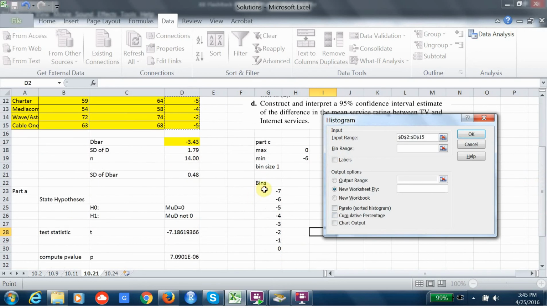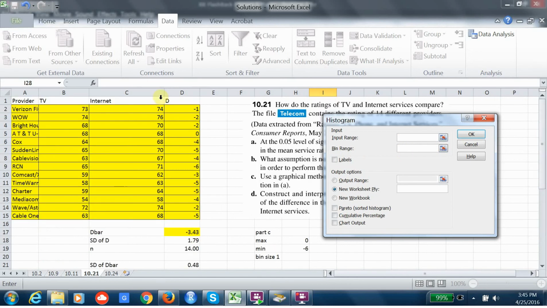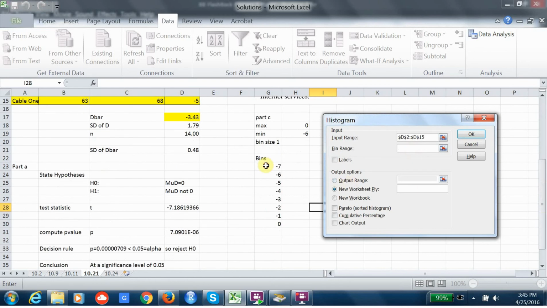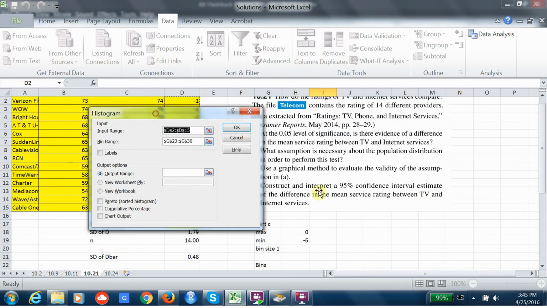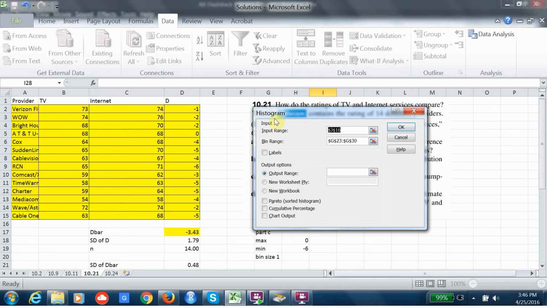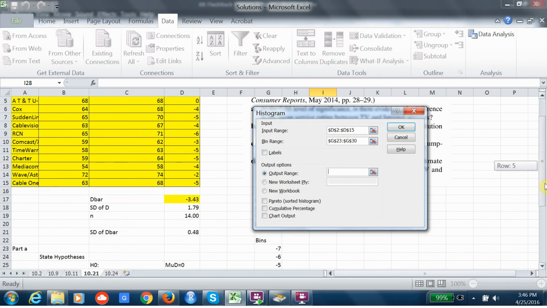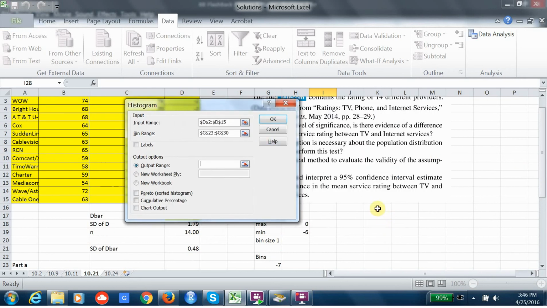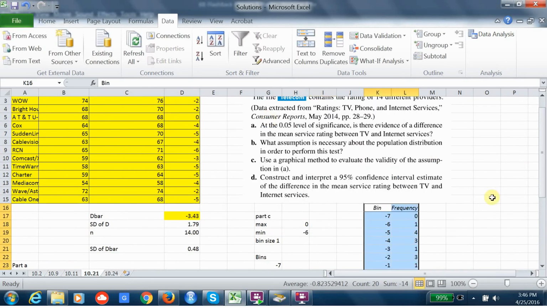Then the bin range is here. Me and technology today, we're just not getting along. Okay, bin range is there, and the output range I'll put here. One more time. There we go. The output range is really there, and we'll put it right there. And now we're ready.